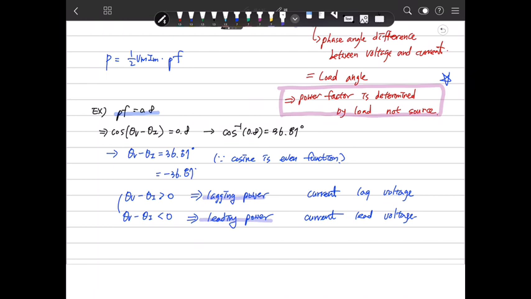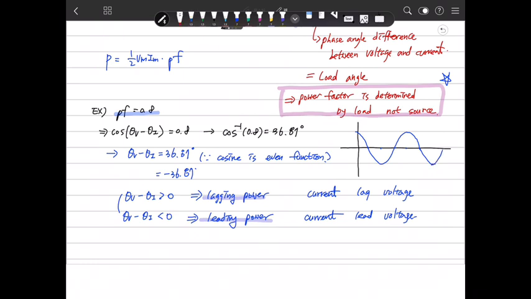Now what do lagging and leading mean? Say the voltage is represented in this way. This is the voltage.